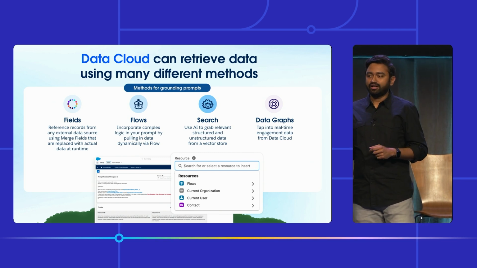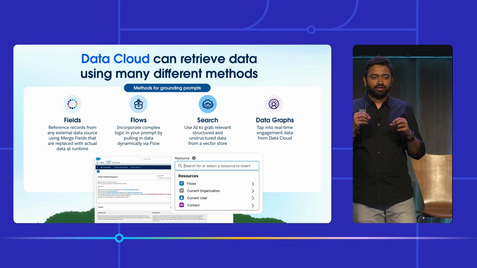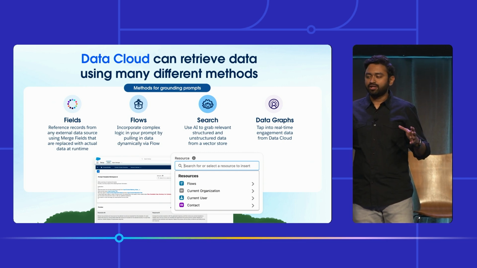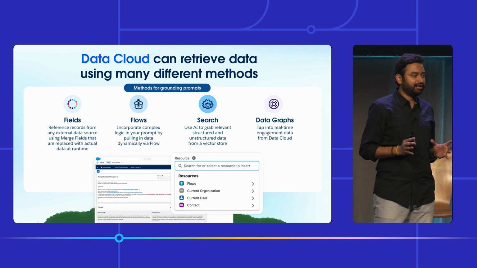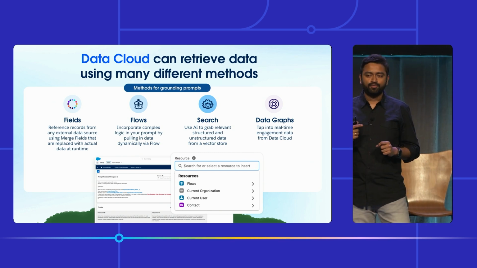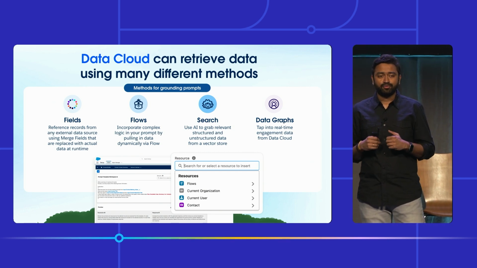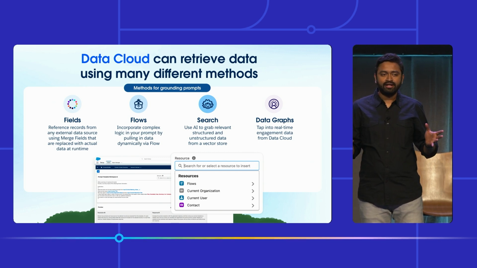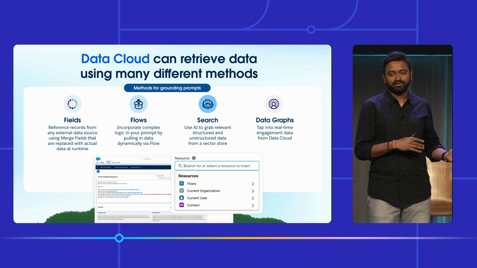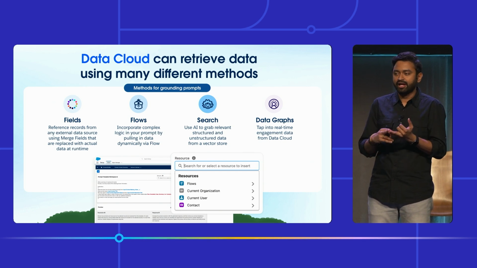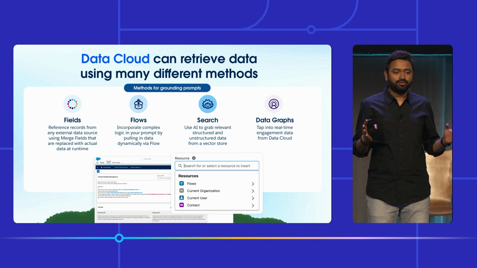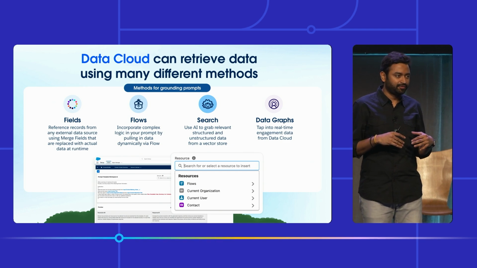Now, what is a data graph? Think about a person and a lot of information about that person we are getting from multiple data sources. Now what if I want to get all that information at once? How many queries do I have to write? If there are 10 tables that store information about this person, let's say their browsing history, their cases, their orders, and so on, you'll have to write that many queries to get all of that information back.